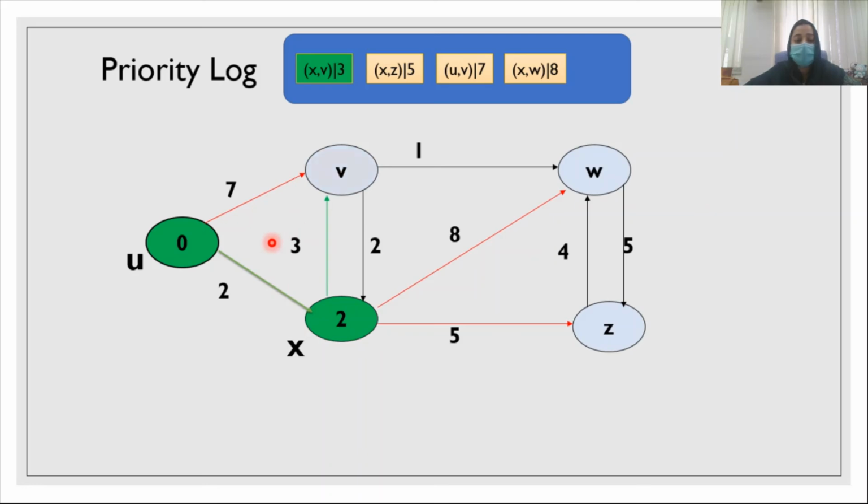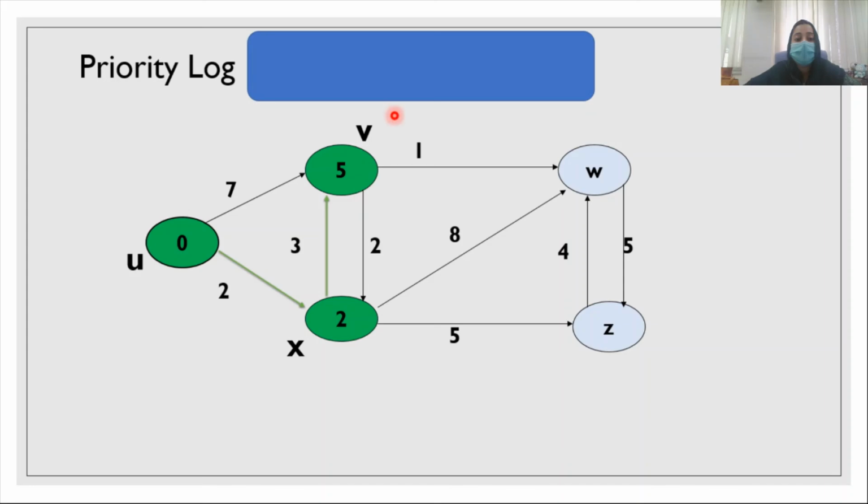We select this and we put V as our visited node. So now V has been visited and the minimum shortest distance is 5. That means if we want to go to V from U, we will not opt this straight path that is costing us 7. Instead, we will take this path, we will go to the X, and then from X we will go to the V, and it will cost us less as compared to this straight path.